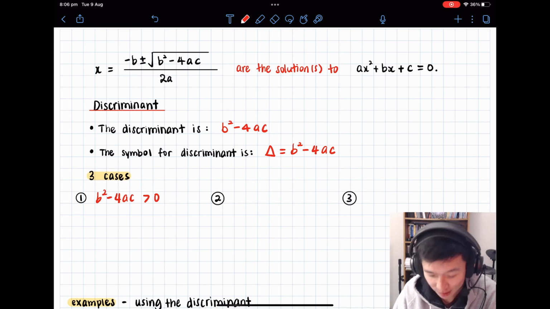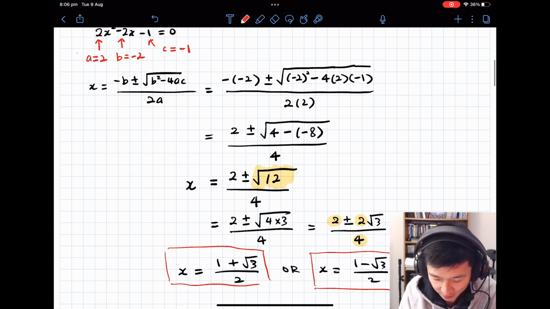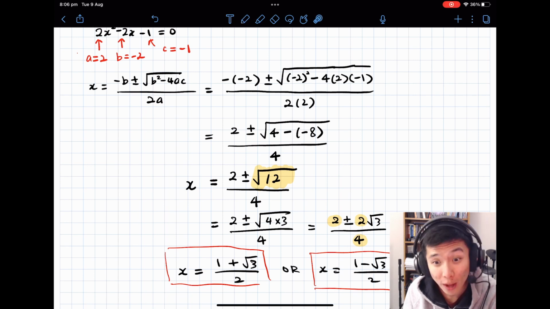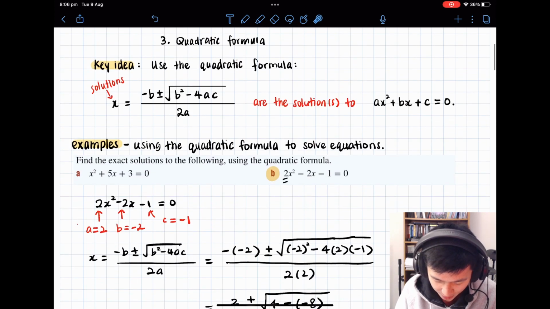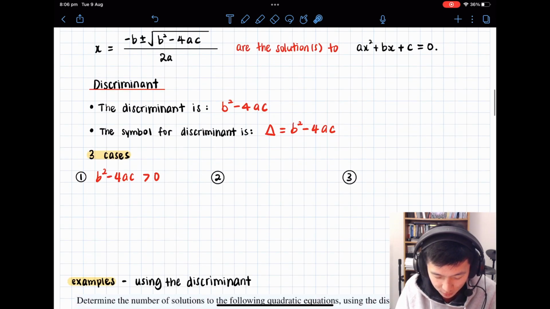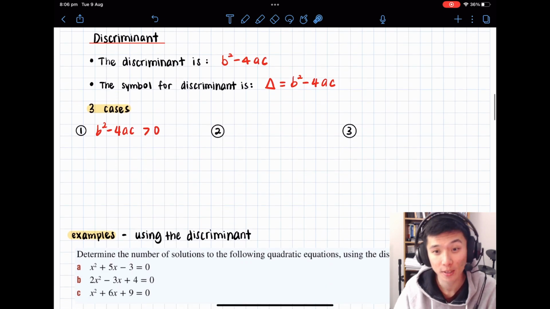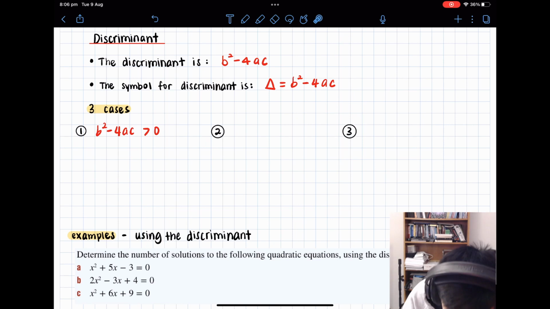That's the case in the two examples that I did up here. Do you see underneath the square root we got 12? That's a positive number. And in the other example we did, I think we also got a positive number. And so if the discriminant, the stuff underneath the square root, is positive, how many solutions do we get? We get 2 solutions.